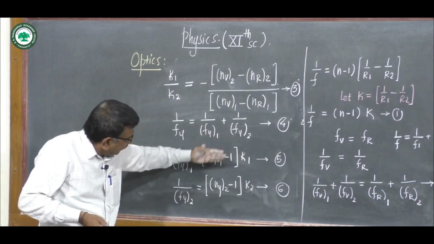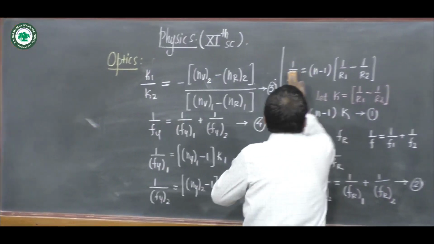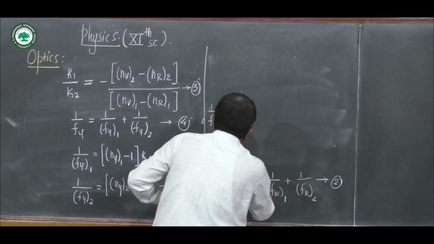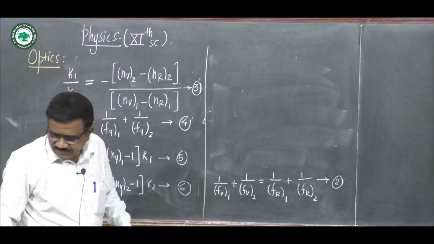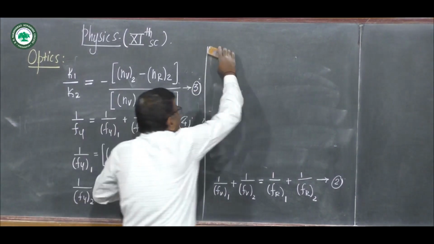Now divide this equation 5 by equation 6. See next steps. Divide the equation 5 by equation 6. We get next step.